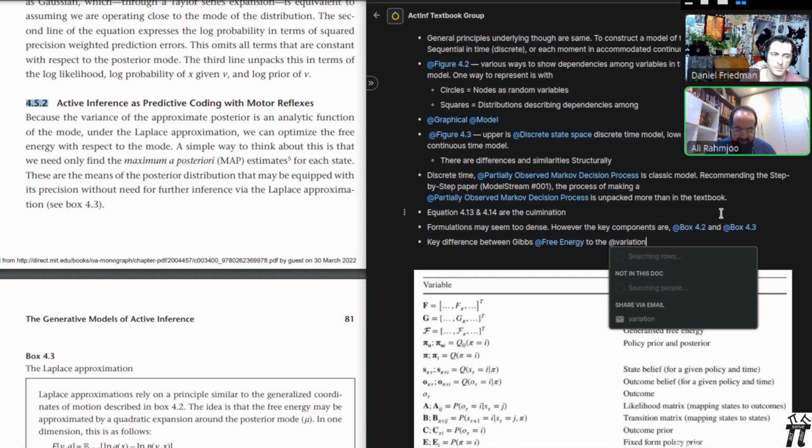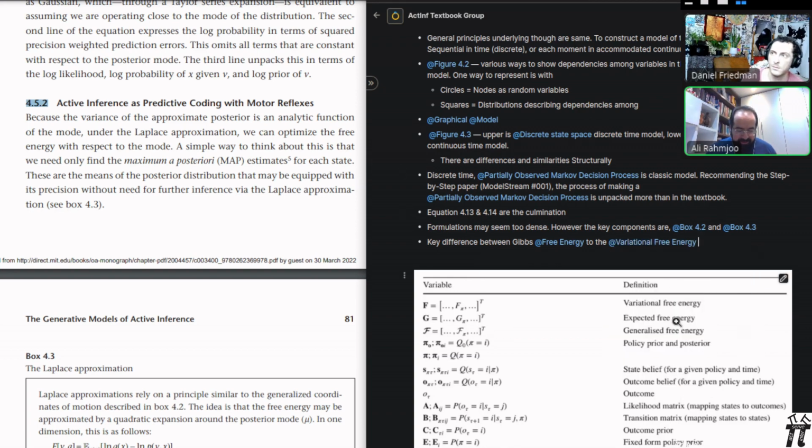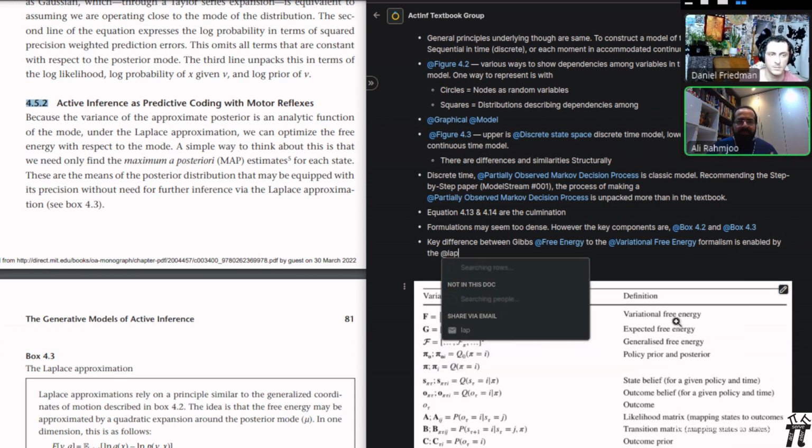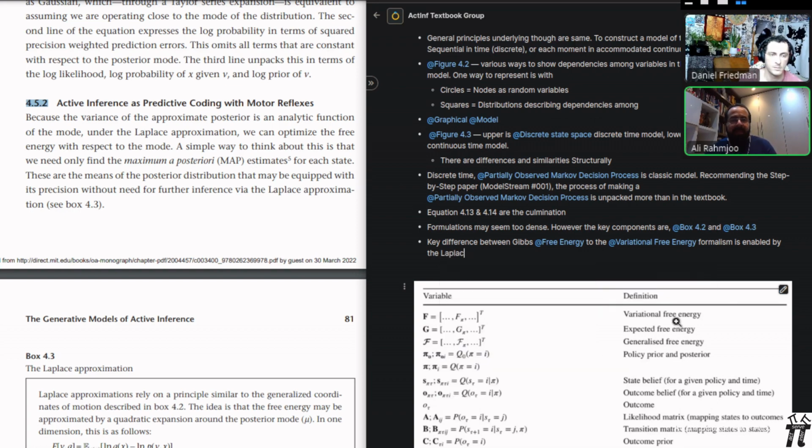So it's quite essential to be familiar with this approximation, and obviously the concept of generalized coordinates of motion will come time and time again throughout the whole book, particularly in chapters 8 and 9. So yeah, those two concepts, I believe, need a bit more attention.